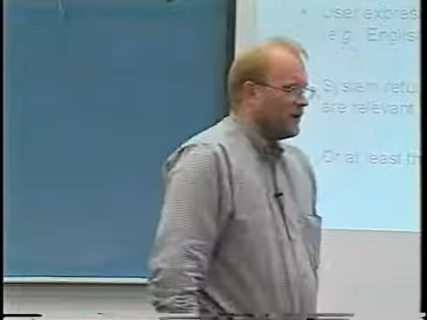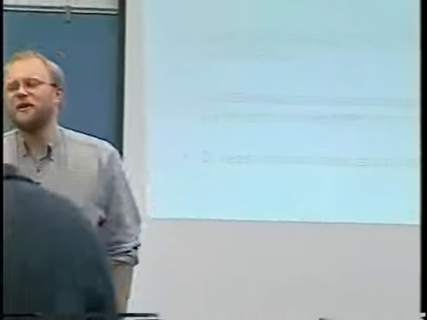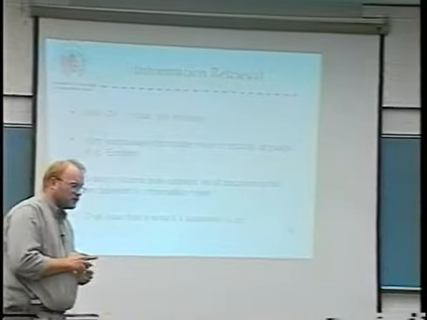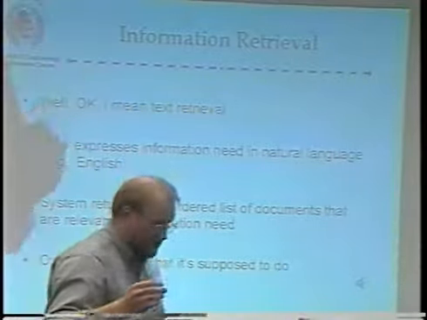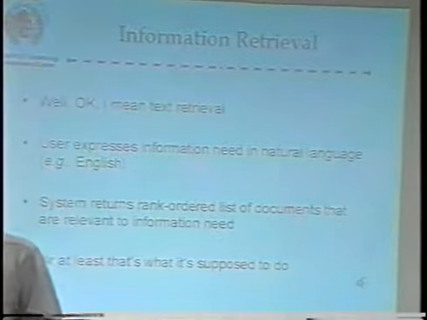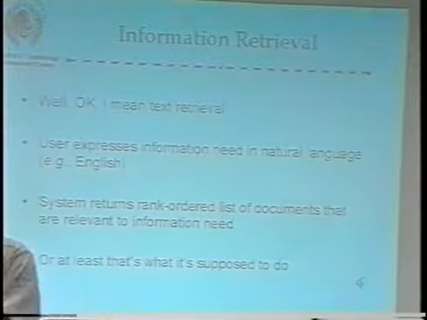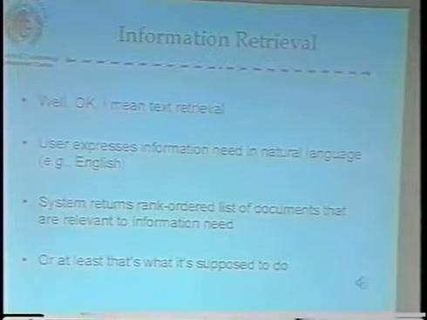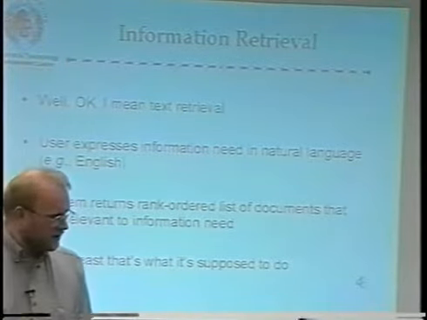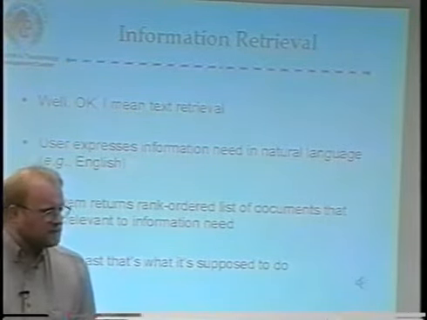Okay, so information retrieval. What do I mean by information retrieval? Well, what I really mean is text retrieval. That's sort of the traditional notion of information retrieval: you have a big wad of natural language text. You index it. Somebody comes up with a query. They type it in. You get back a bunch of articles, just like you might with Alta Vista or Google or something like that.